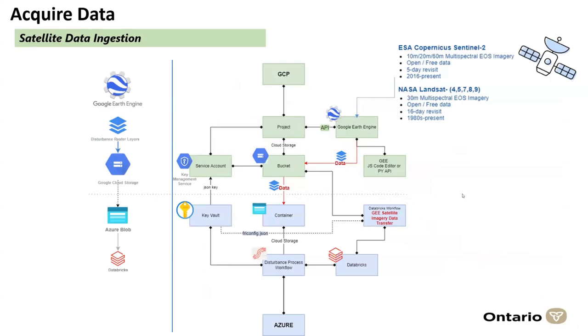So that's the LiDAR and field plot data, and I realize I've run through these fairly quickly. We're also dealing with a large amount of data on the satellite side in terms of disturbance informed updates to the inventory. Our process for this is within two cloud environments.